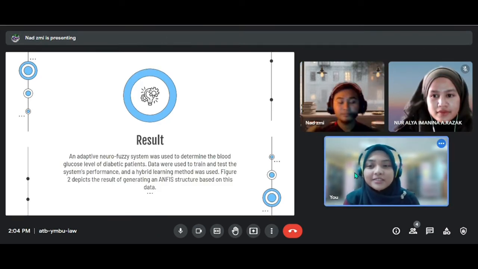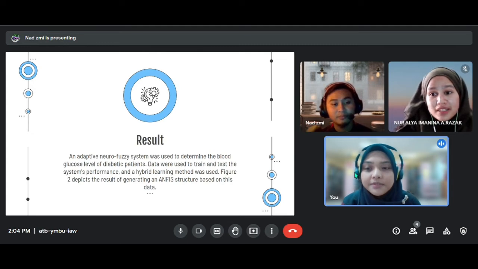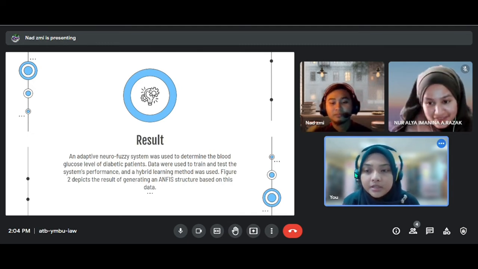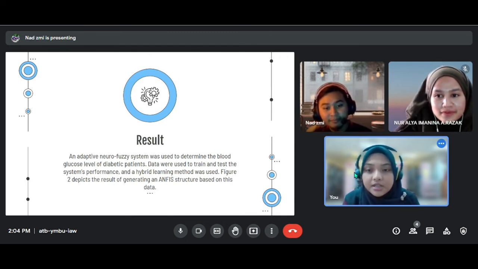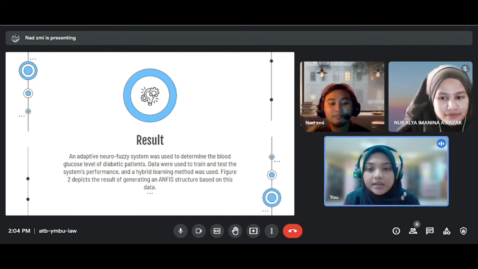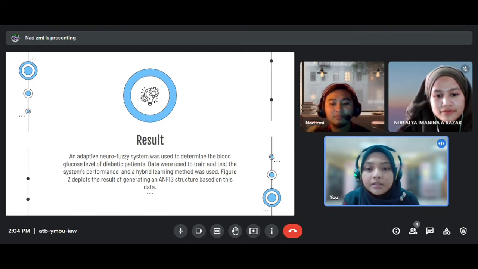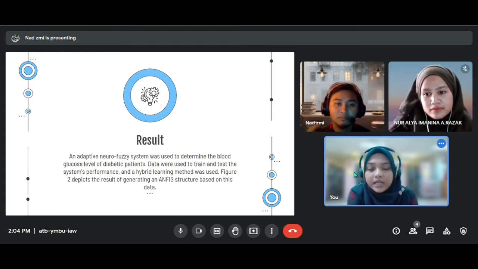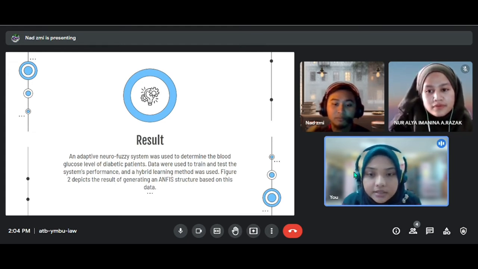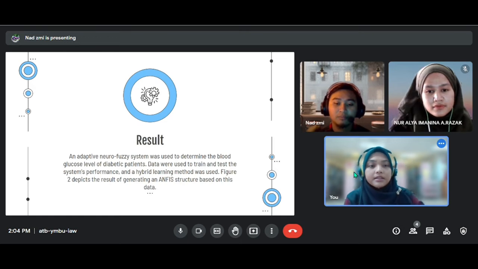For the result, an adaptive neuro-fuzzy system was used to determine the blood glucose level of diabetes patients. Data were used to train and test the system's performance, and a hybrid learning method was used. Figure 2 depicts the result of generating an ANFIS structure based on this data.